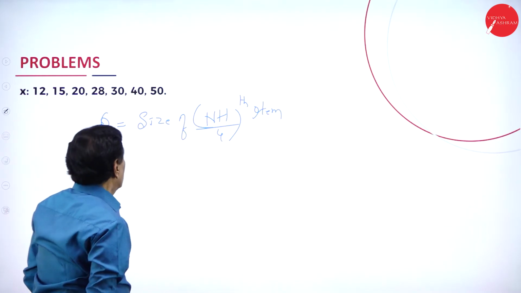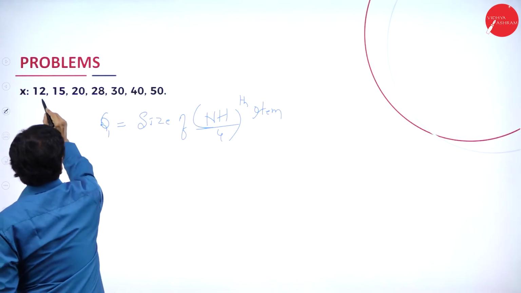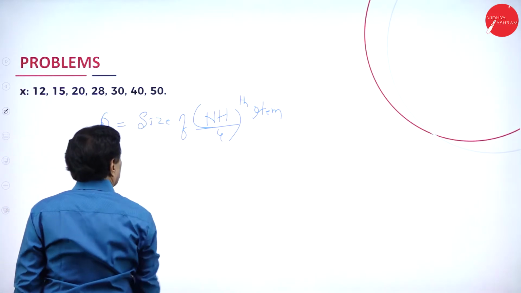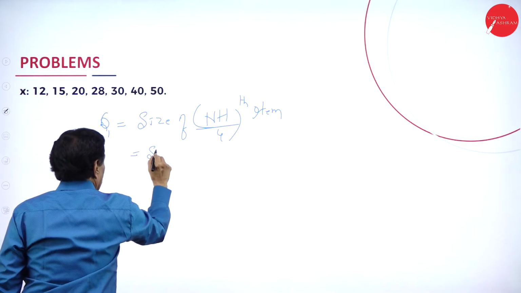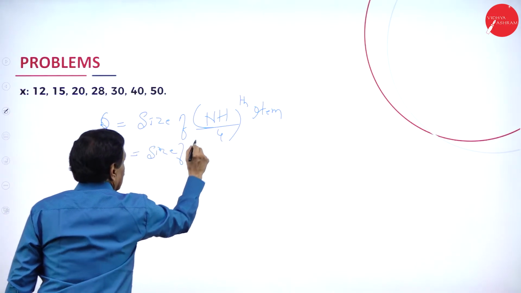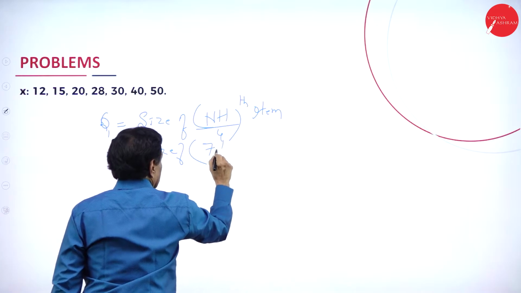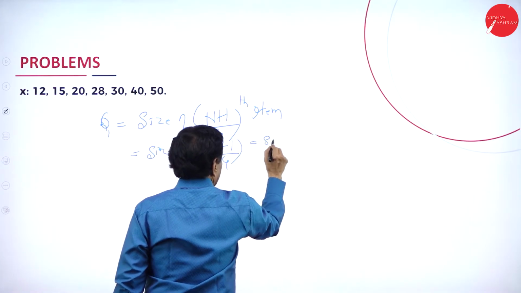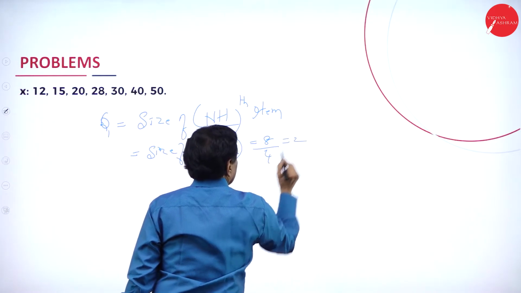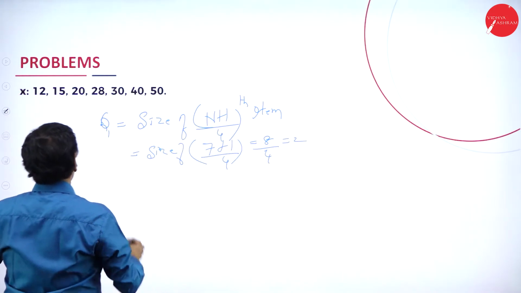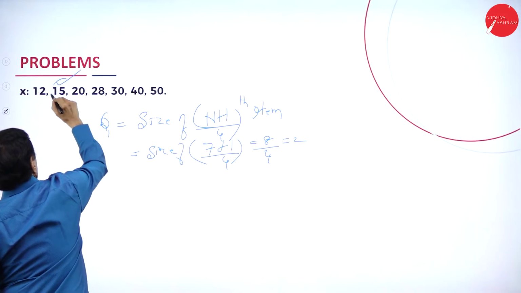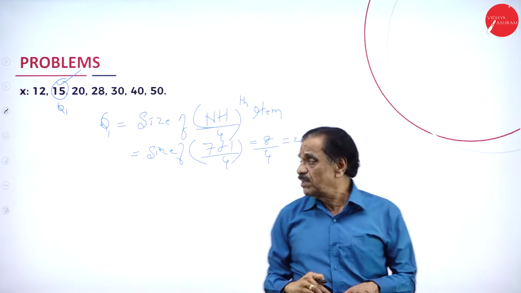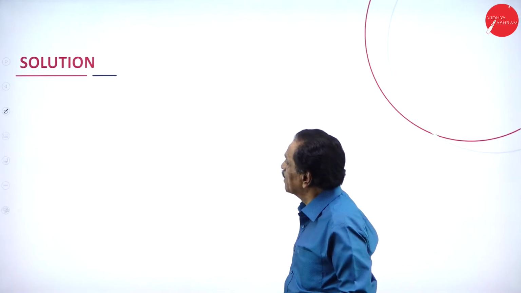How many numbers are there? 1, 2, 3, 4, 5, 6, 7 numbers are there. 7 plus 1 divided by 4. This is 8 divided by 4. That is 2. The second number is Q1. Which is the second number? 15 is the Q1.